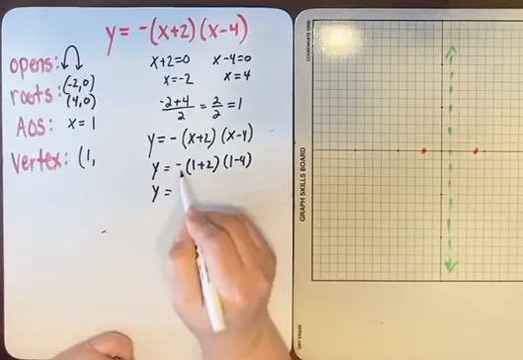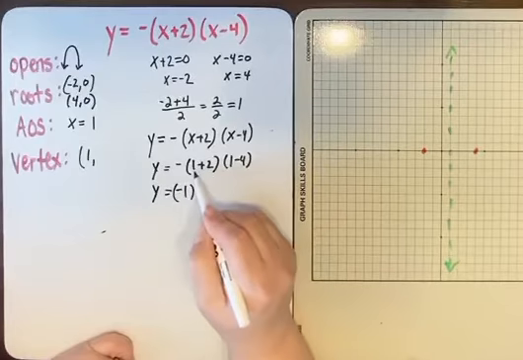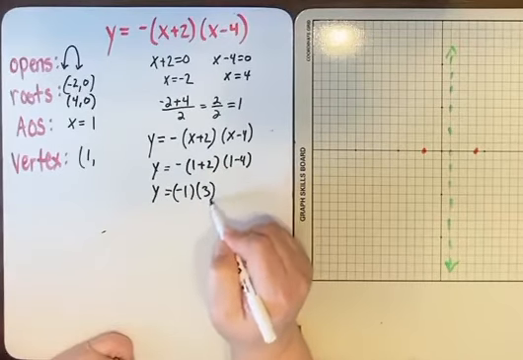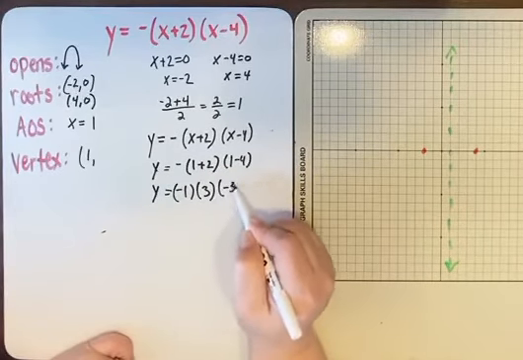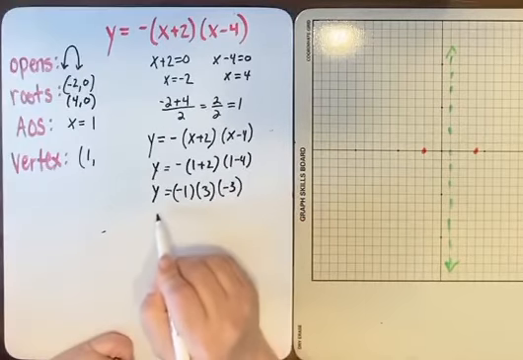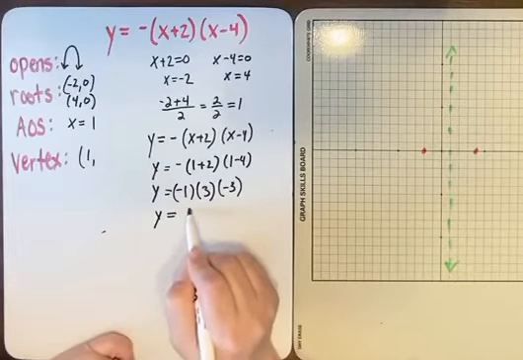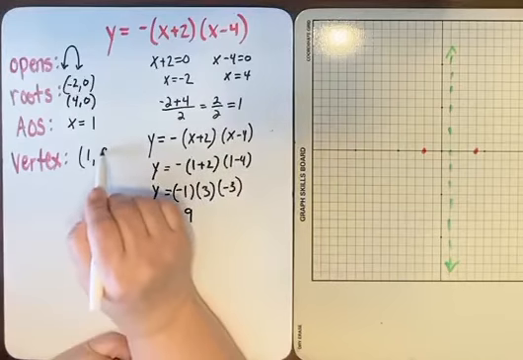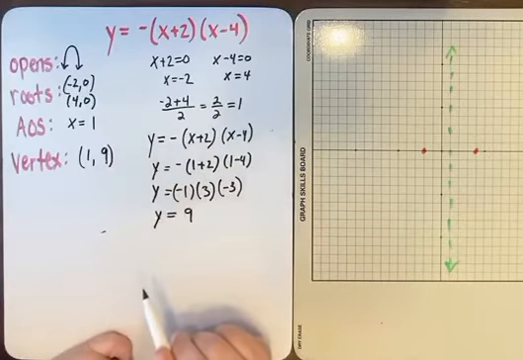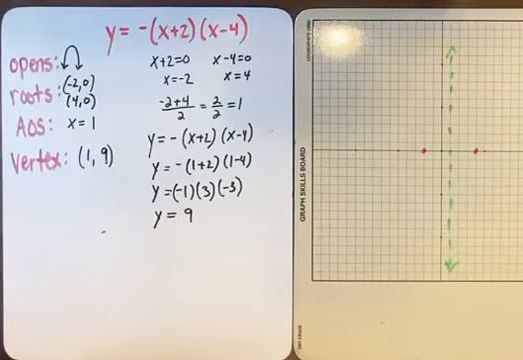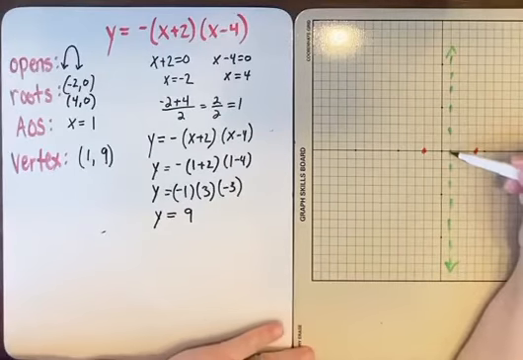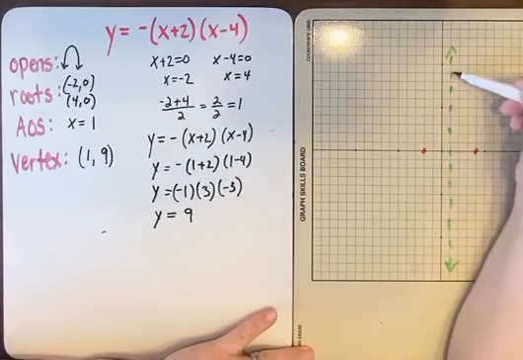So here was my a value, -1. Simplifying that parenthesis, simplifying this parenthesis. If I multiply those all together, that's going to give me a y value of 9. That y value is the y value of the vertex. If I go over to my graph here, here is 1, 9.